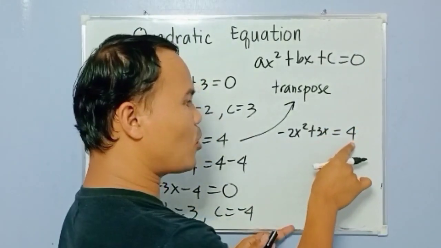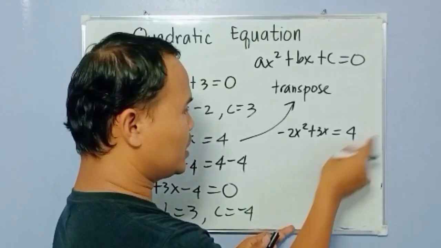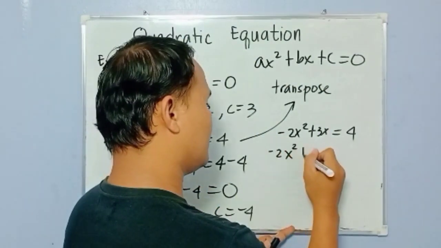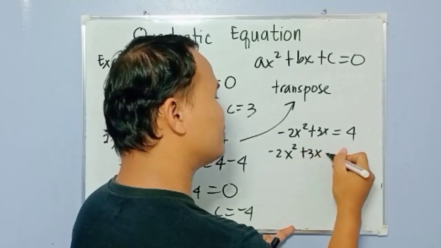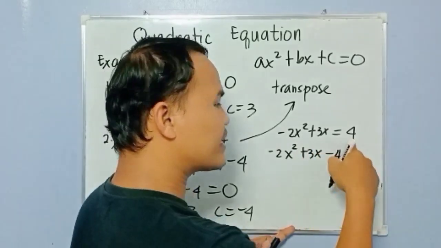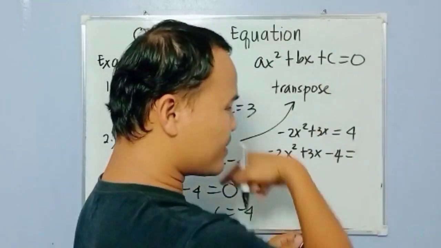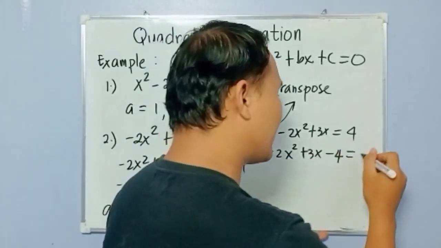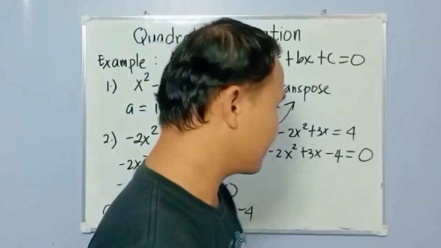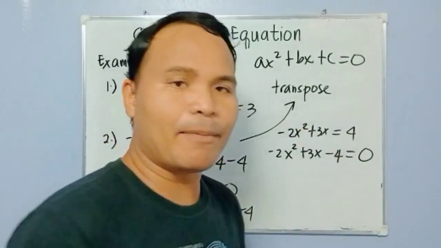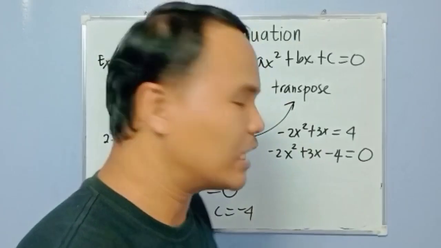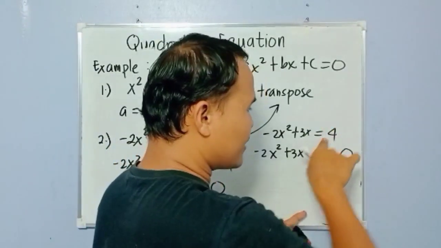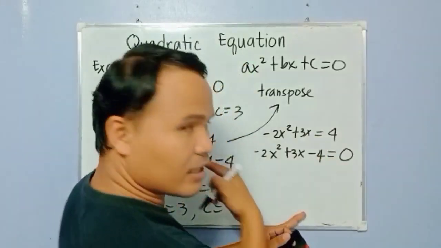If I'm going to transpose 4 to the left side of the equal sign, plus 3x, it will become minus 4. Since you transposed it to the left side, the 4 disappeared, and only 0 is left, that is why it was moved. So, the idea of transpose, when you move to another side of the equal sign, this is the right side of the equal sign and the left side of the equal sign.